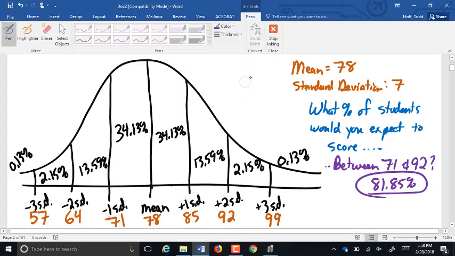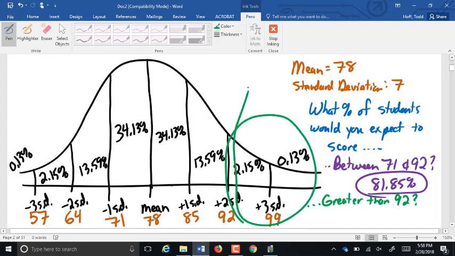I might ask, what percent of students would you expect to score greater than 92? Well, here's 92. What's that? 2.28. I just add up those two, the 2.15 and the 0.13.